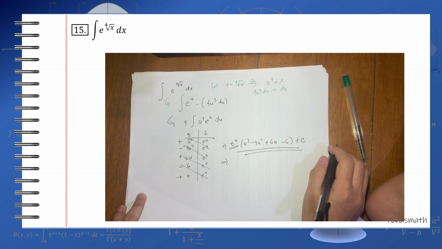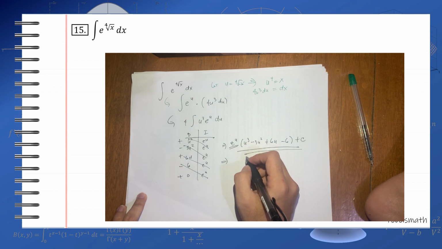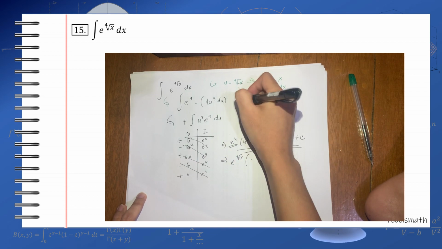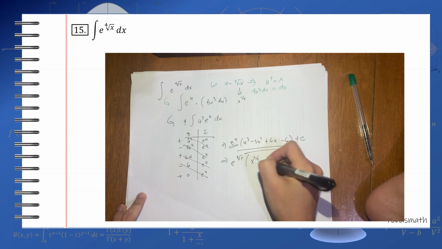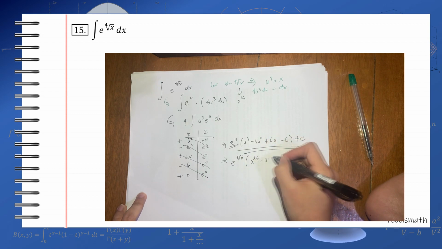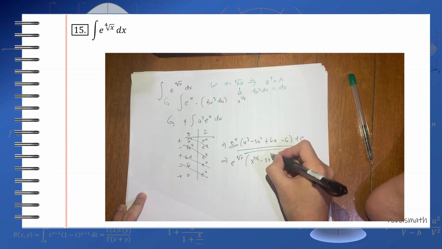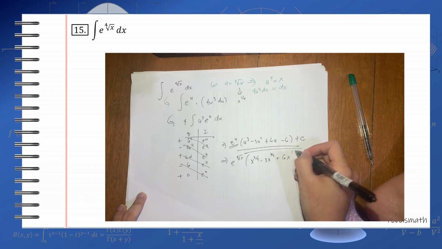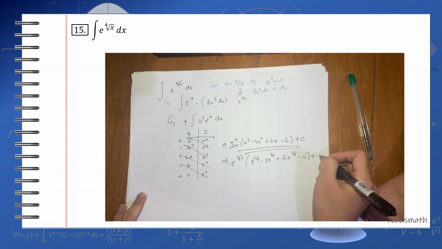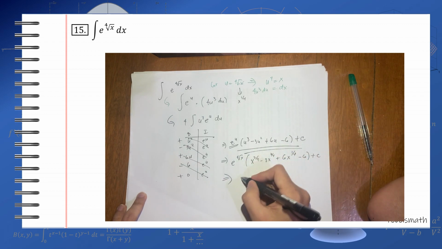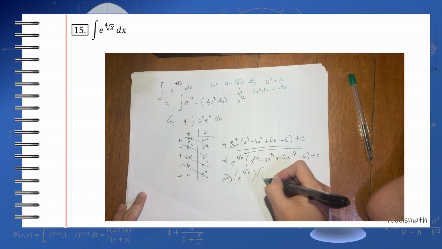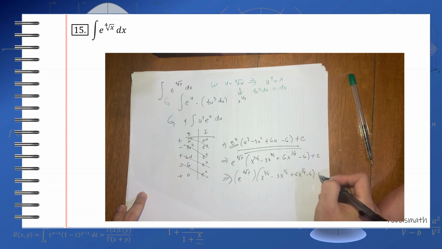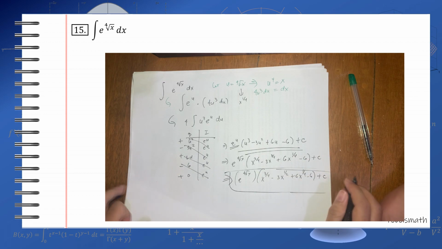In terms of x, that is e to the 4th root of x times, u cubed being x to the 3/4, minus 3 x to the 1/4 times 2, that's 2/4, which simplifies to 1/2, but let's just make it as is. u is x to the 1/4, minus 6, plus c. Then this becomes 4 times e to the 4th root of x times x to the 3/4 minus 3x to the 1/2 plus 6x to the 1/4 minus 6, plus c. So this is the answer.